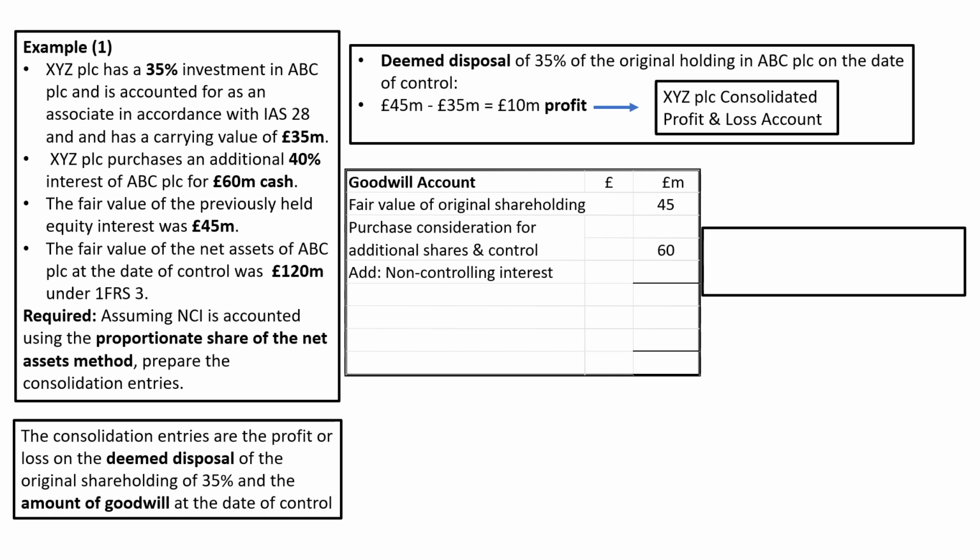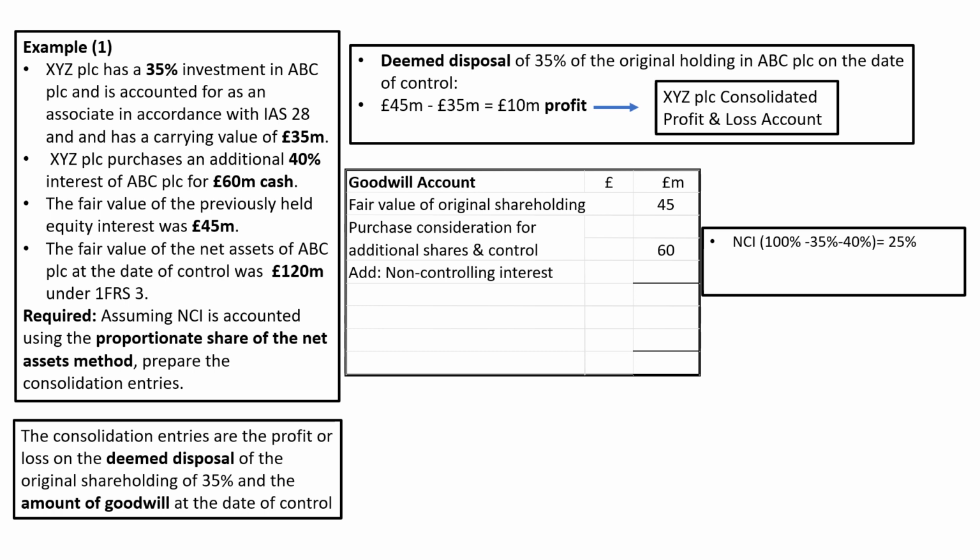To work that one out, we've got to first work out what the NCI percentage is. So assuming that the original interest was 35% and XYZ acquired another 40%, we take that away from 100%, that gives us an NCI percentage of 25%.